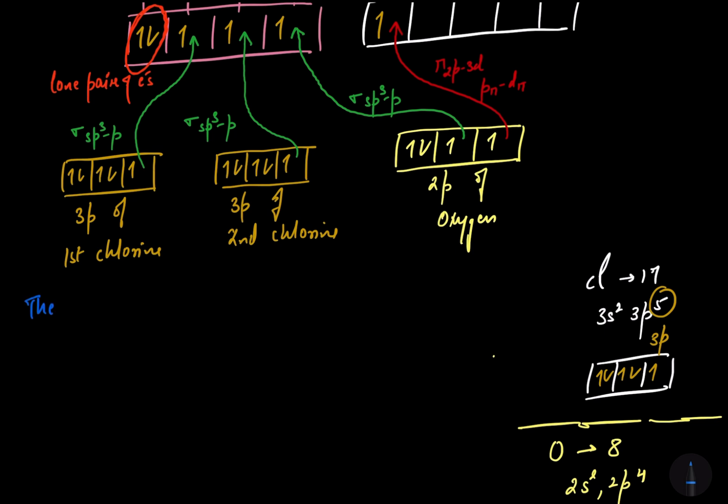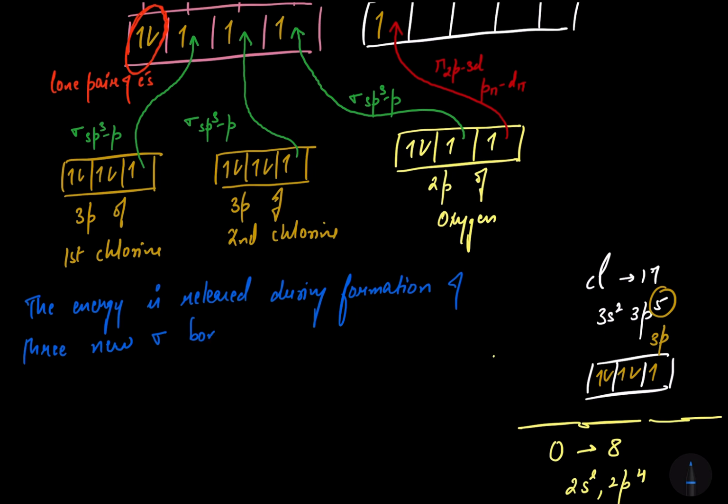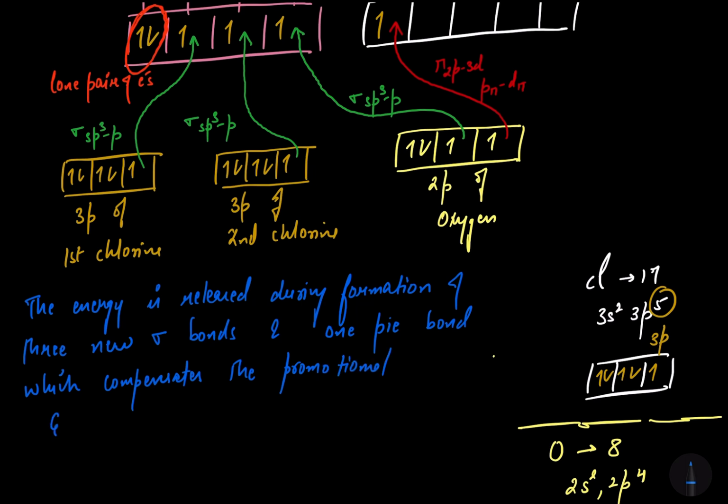I am writing the energy is released during formation of 3 new sigma bonds and 1 pi bond, which compensates the promotional energy and hybridization energy.